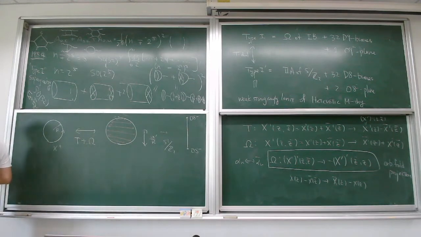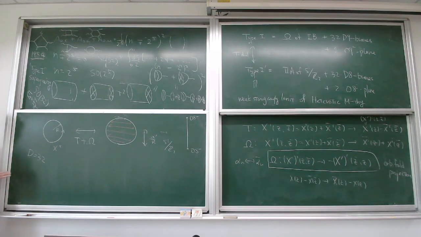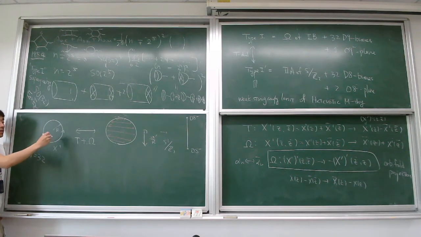And then it used to be, there's N equals 32 D9 branes, space filling branes. So there is a D9 brane wrapping the X9 direction. So these D9 branes wrap on this circle.